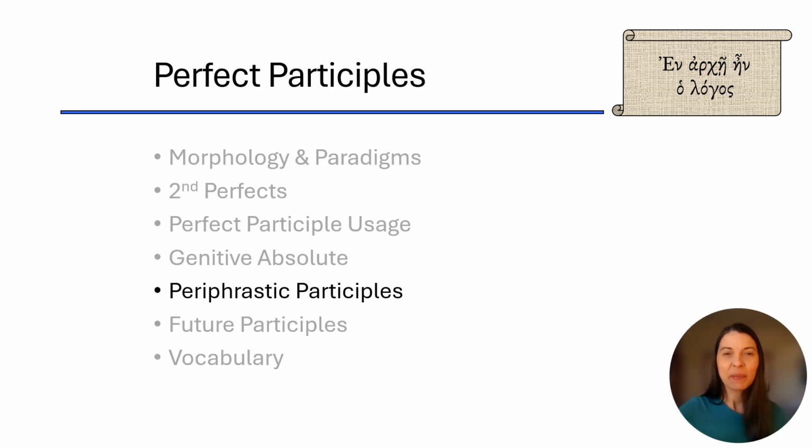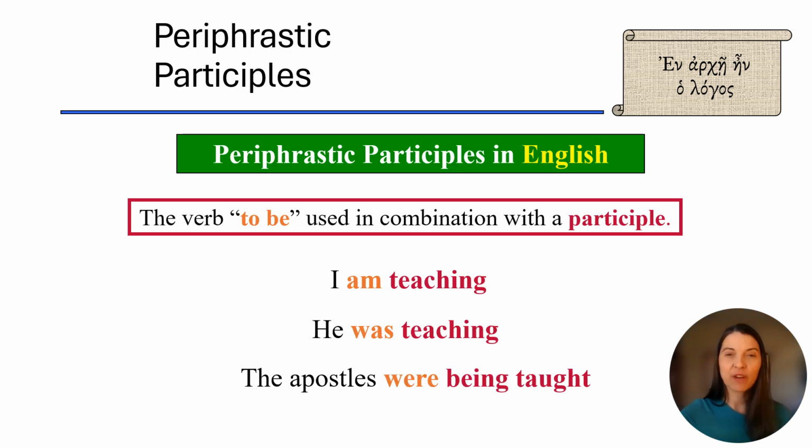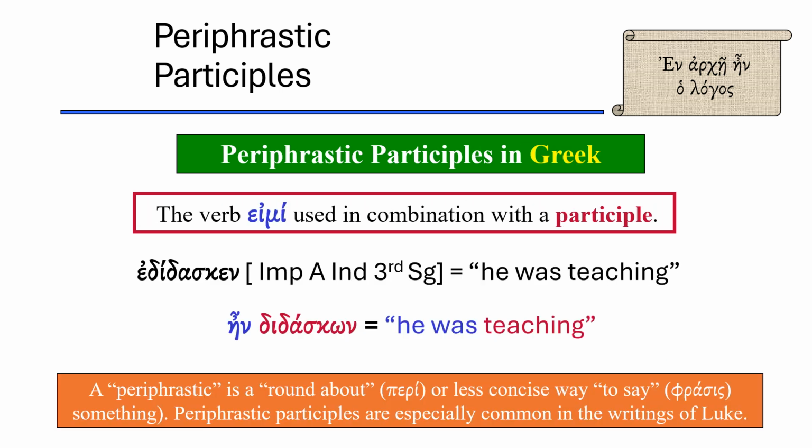And now let's cover periphrastic participles. We utilize periphrastic participles quite frequently in English, and this is where the verb to be is used in combination with a participle. So I am teaching, or he was teaching, or the apostles were being taught. So in Greek, a periphrastic participle is where the verb eimi is used in combination with the participle.